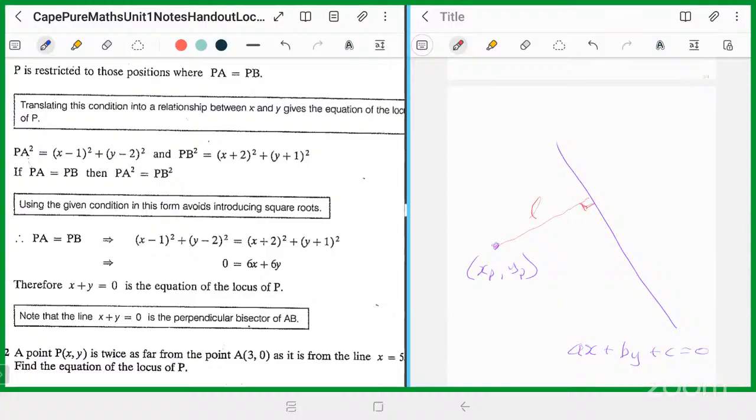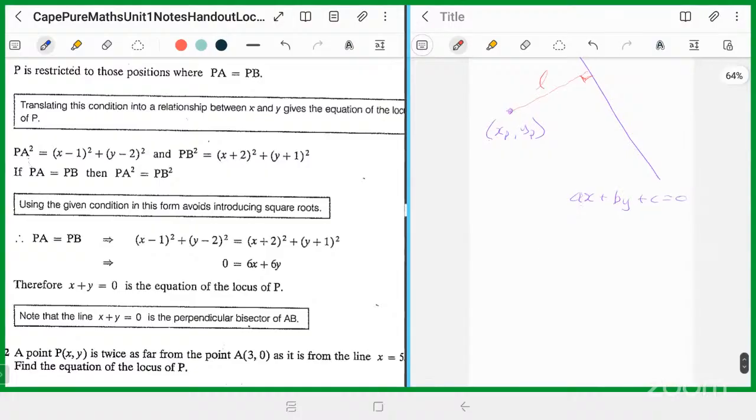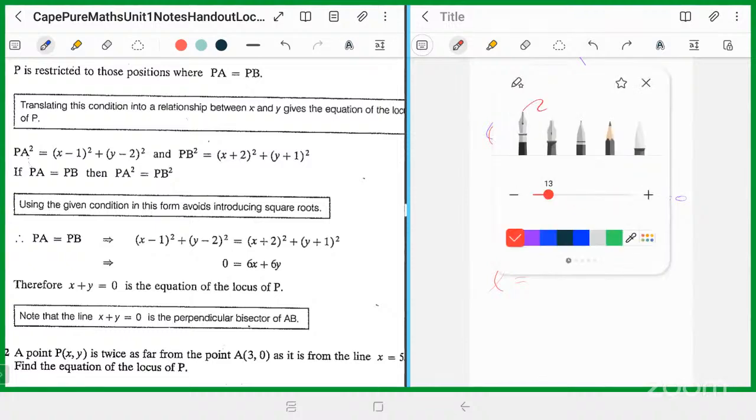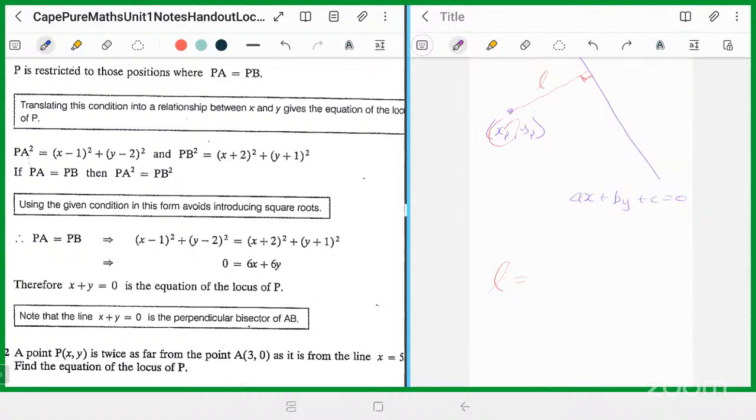let's call that L. That distance L is equal to, so you write back this equation, but you're putting in these coordinates on it. Pay attention now. It becomes a times xp, that's the x value at this point, plus b times yp, that's the y value at this point, plus c.